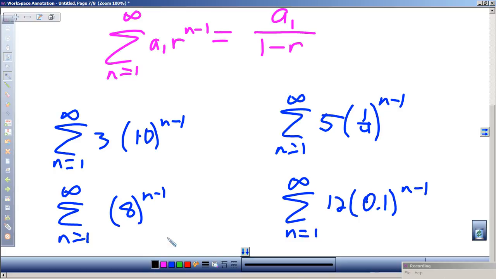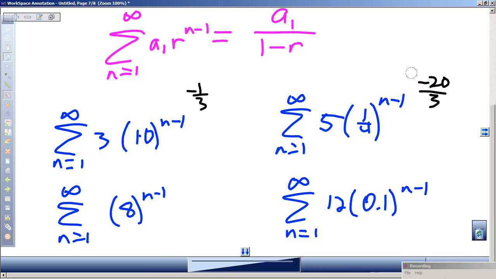So the first one, what do you guys get? Negative 1/3. Okay. Second one: 6.6 repeating. Okay, so 20 over 3, 6.6 repeating. Third one. I think this is positive, not negative.